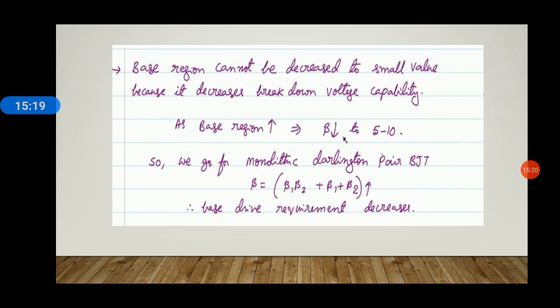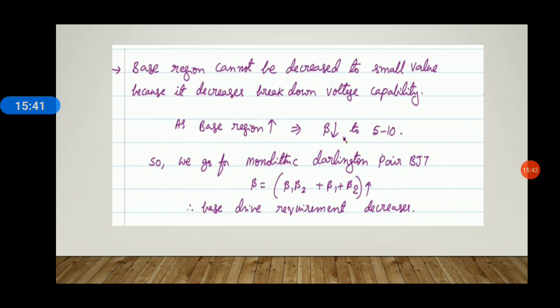When we are talking of a pair, it means we are talking of two BJTs combined together. Now, if two BJTs are combined together in a particular way, then the combined beta is equal to beta 1 plus beta 1 into beta 2 plus beta 2.